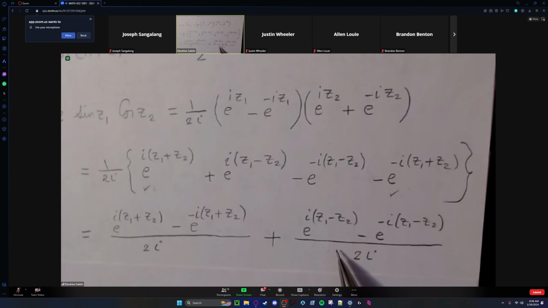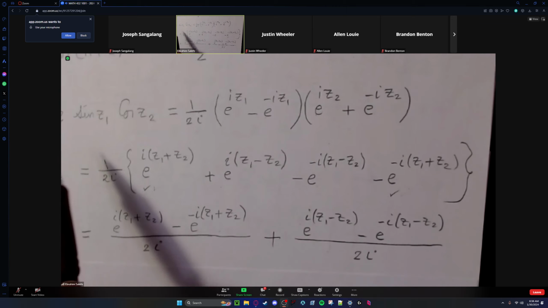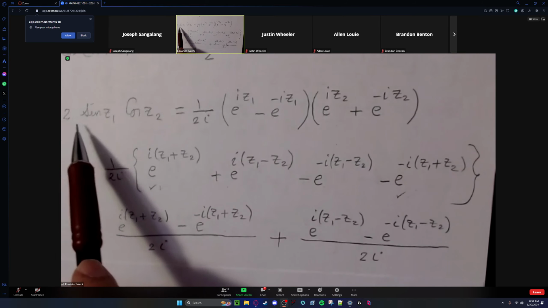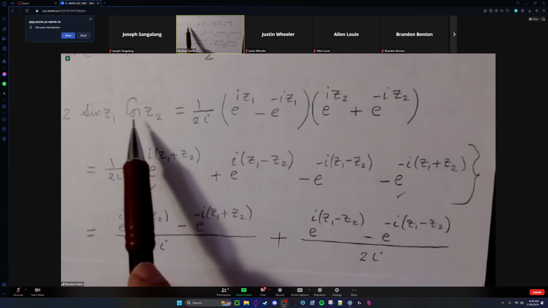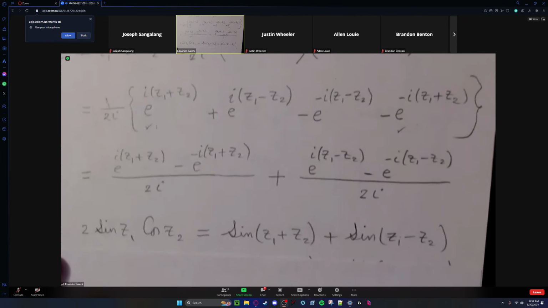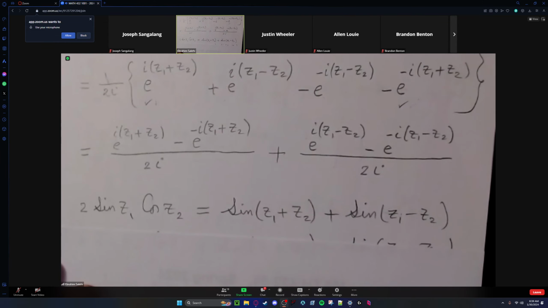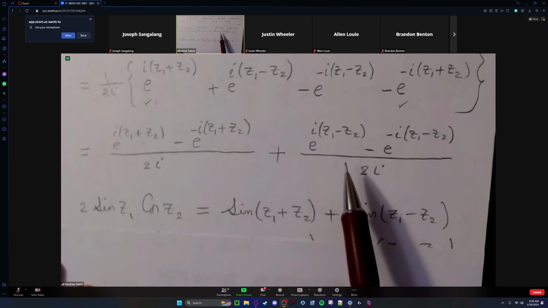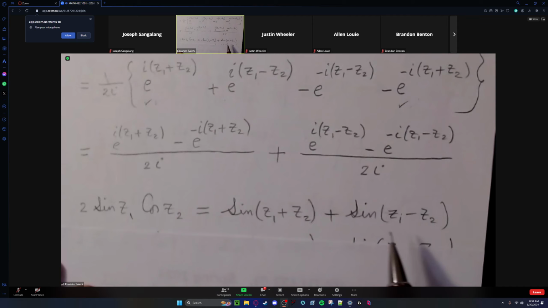And this is sine of z1 minus z2. So what I found right now is this. I started with this one, twice sine of z1 cosine of z2, is sine of z1 plus z2 plus sine of z1 minus z2, okay?